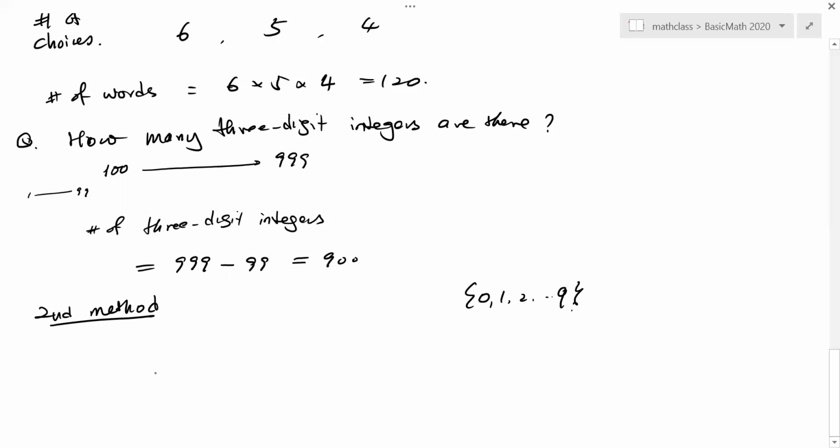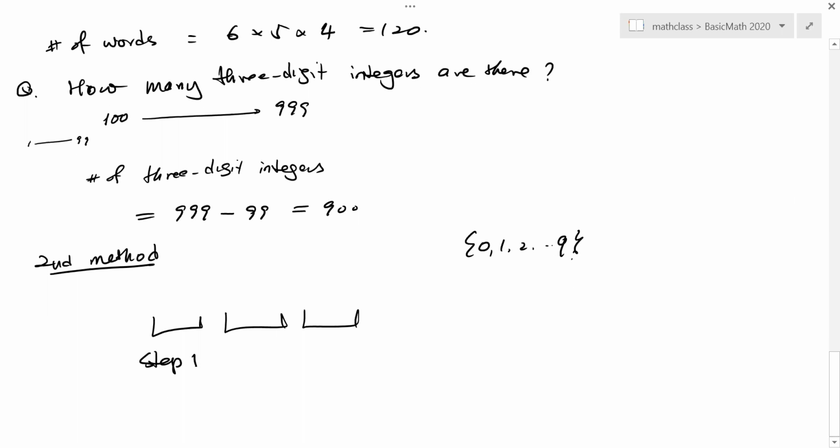Okay. The first step, step 1, you write down the first digit, right? This is called the 100th digit. How many digits can you choose? You can only choose 9. You cannot write a 0, okay? So the number of choices will be 9.